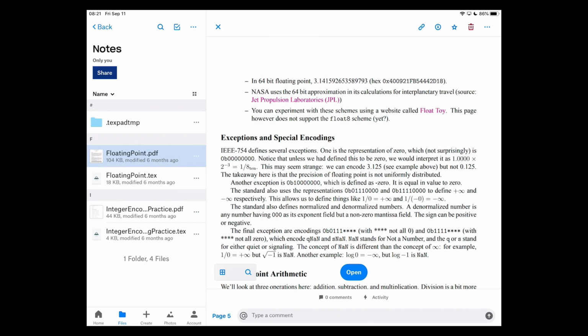So we have a different encoding for those situations, and there are two categories of them: quiet not a number, and signaling not a number. The quiet versus signaling distinction is not really important for our purposes, but we've at least got that encoding.